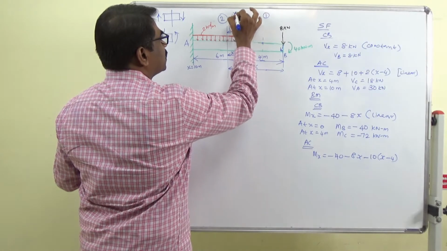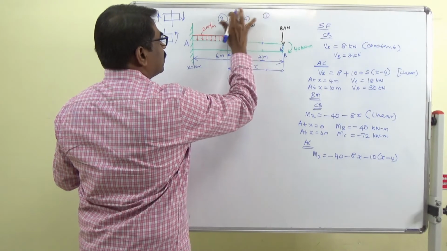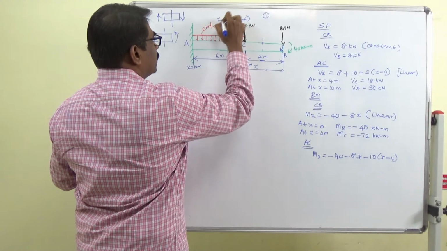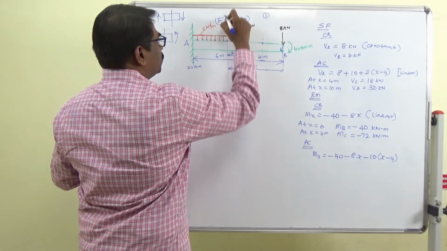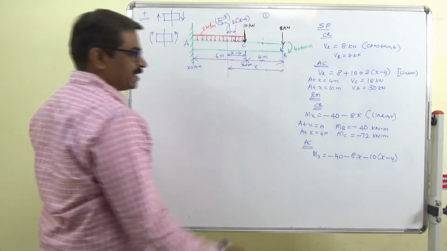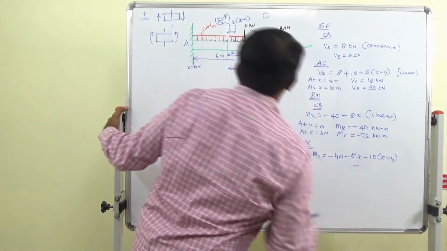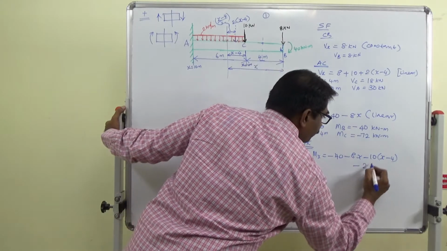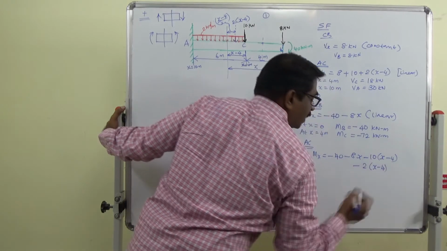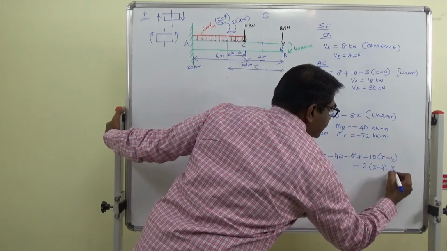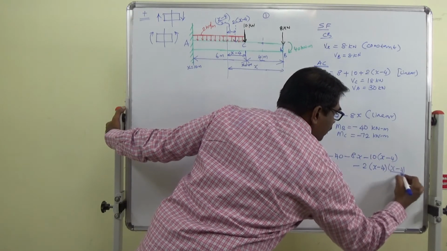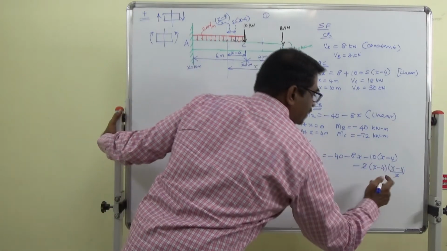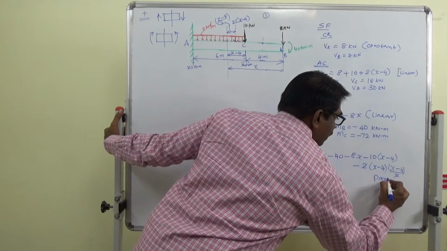So minus 2 into x minus 4 is the force, and the perpendicular distance is x minus 4 by 2. This 2 goes off, and this expression is going to be parabolic.